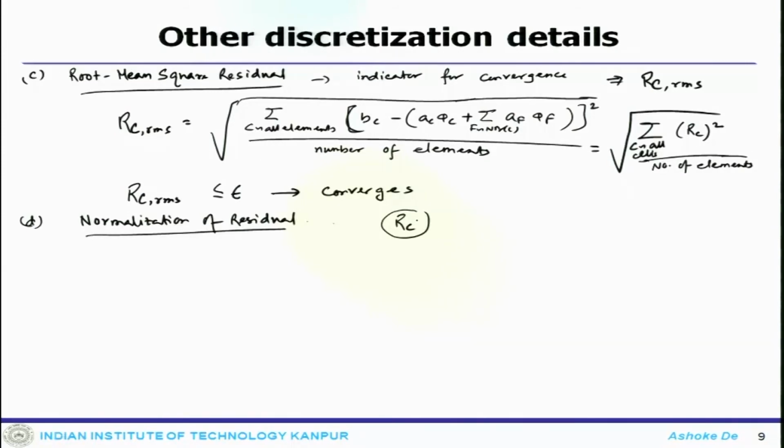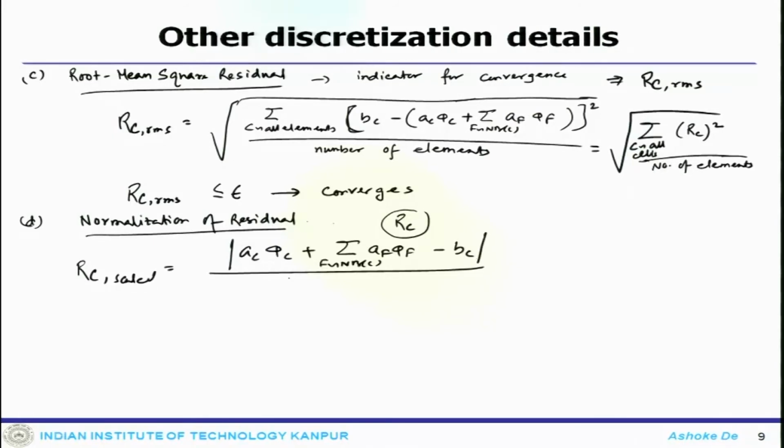Recalling the AC, one can divide so that RC scaled equals the magnitude of AC phi C plus the summation over NBC of AF phi F minus BC, divided by the maximum over all cells of AC phi C. In this case, the solution converges when the maximum value of this RC scaled, over all cells, is less than a specified norm.